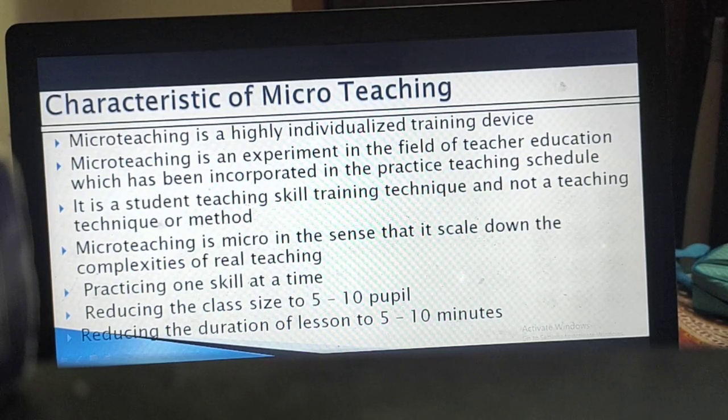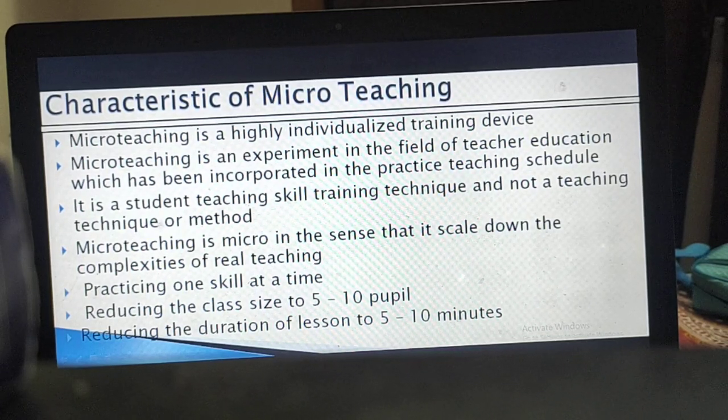This is a continuous process until the teaching skill is perfect for the students. That's why microteaching is an experiment, because here the teachers experiment with their teaching methods and teaching skills.